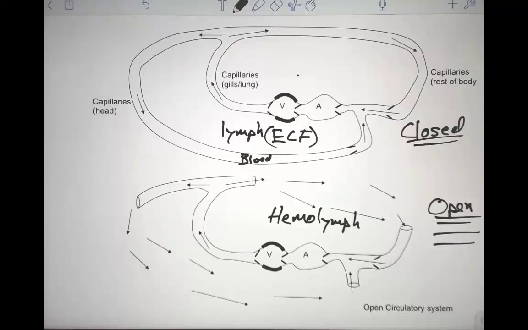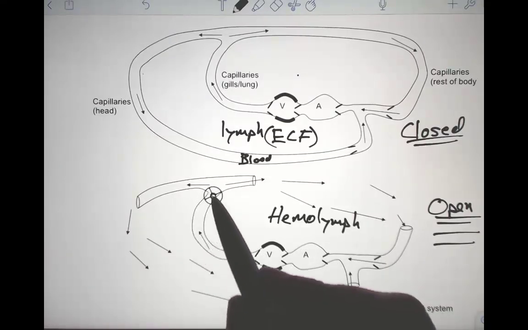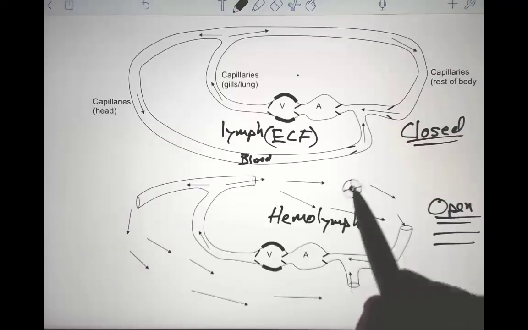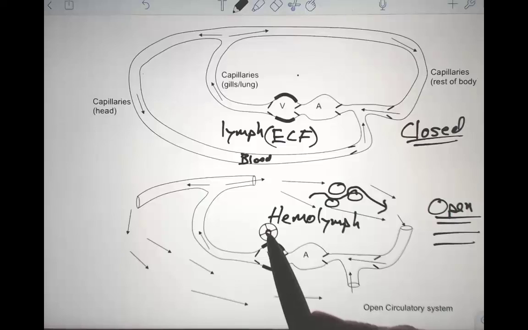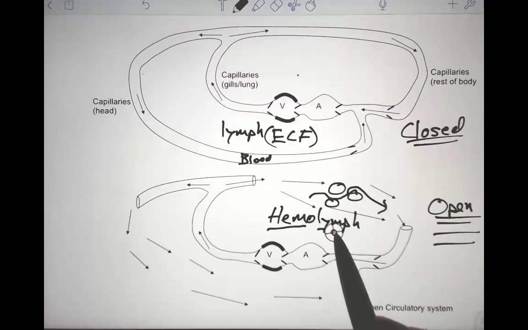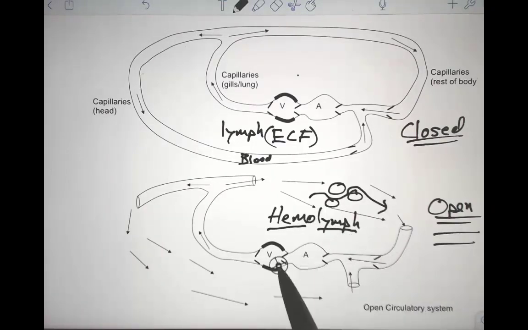But in an open circulatory system, such as in an insect or an arthropod, the fluid is leaving the blood vessels and going between cells before going back to vessels, and so the blood, hemo, is the same as the lymph. So we call it hemolymph.